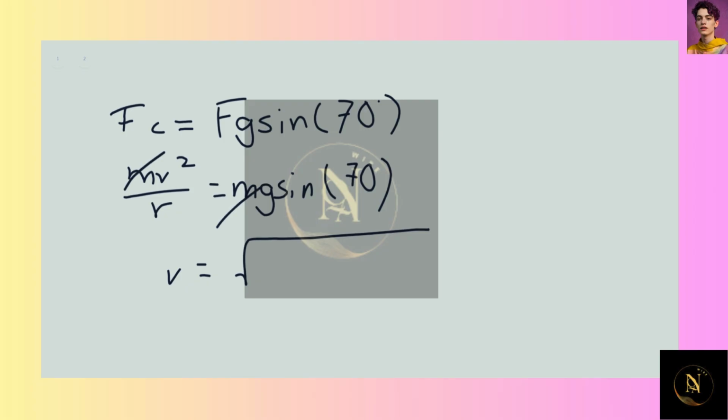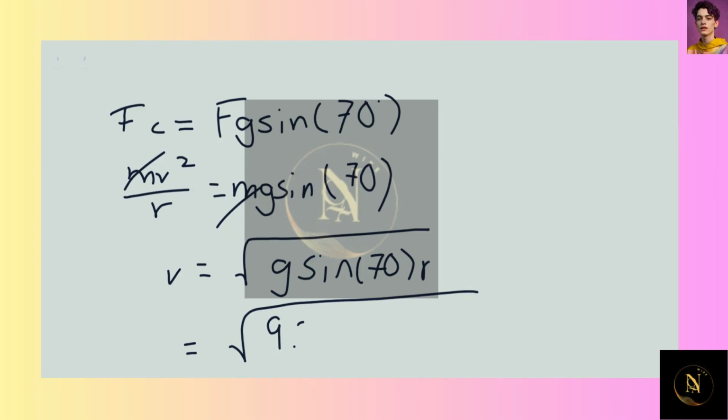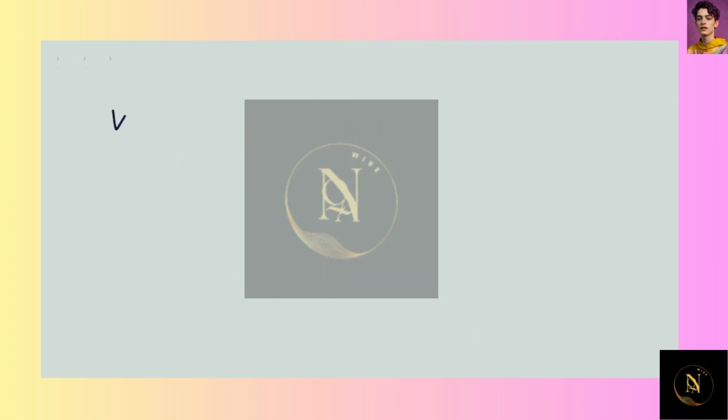Our m's will cancel out, and we get that v is equal to the square root of g sine of 70 times our radius. Plugging in the values that we know, g is 9.8 meters per second squared, the radius is 0.32 meters, times the sine of 70. We find that our velocity is equal to 1.72 meters per second.